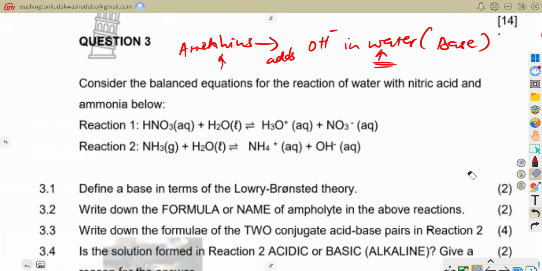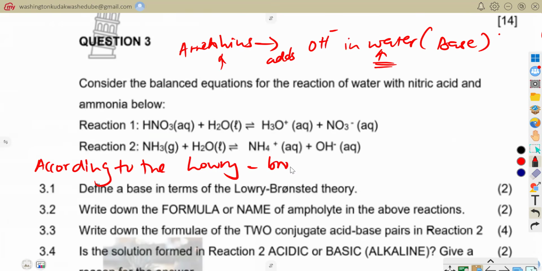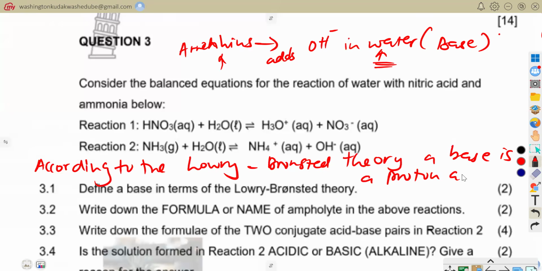So maybe someone clever would say, according to the Lowry-Bronsted theory, a base is a proton acceptor. Anything that accepts protons, which are just H plus ions, becomes a what?